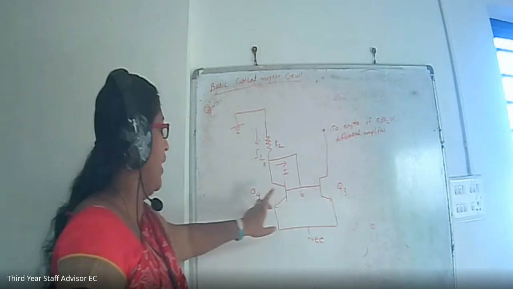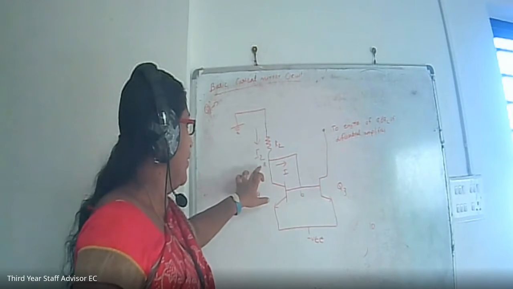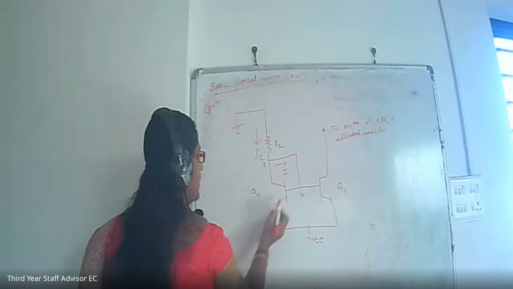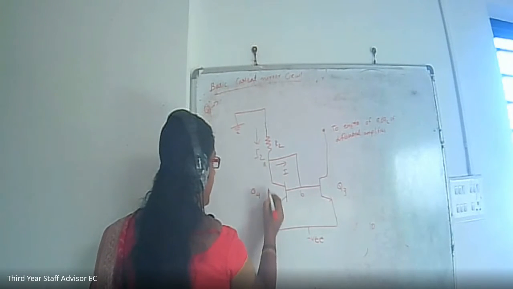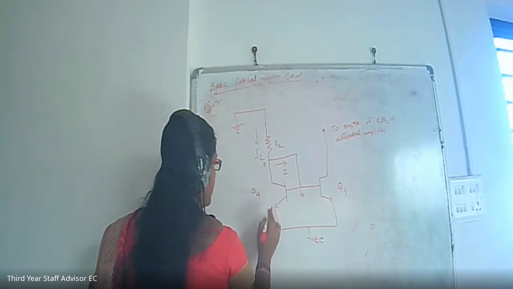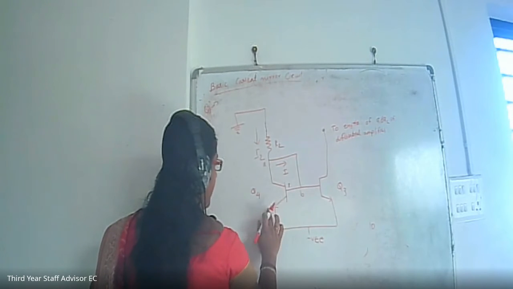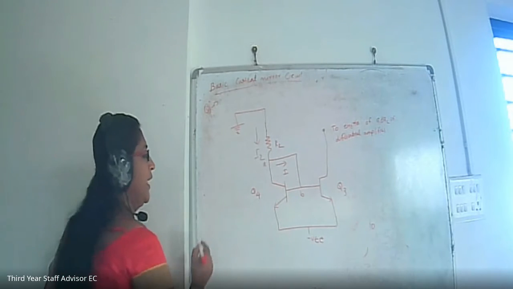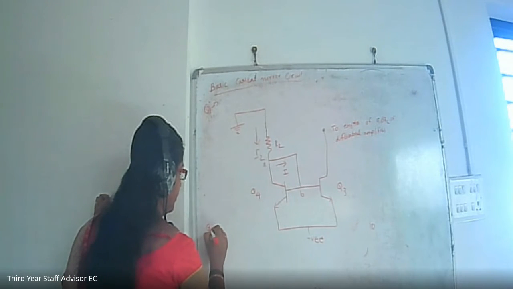So Q4 here, Q3 here. Here in the circuit diagram there is a resistance. See, this is the collector, base, and this is collector, emitter. This is collector, this is emitter, and this is base. Here in the circuit diagram, the bases of the transistors Q3 and Q4 are tied together.